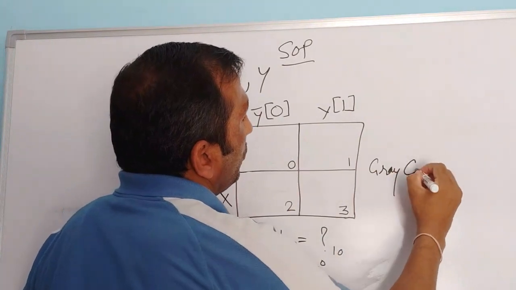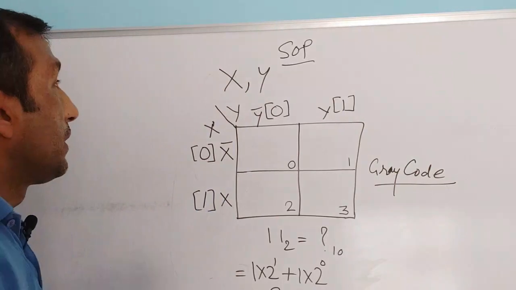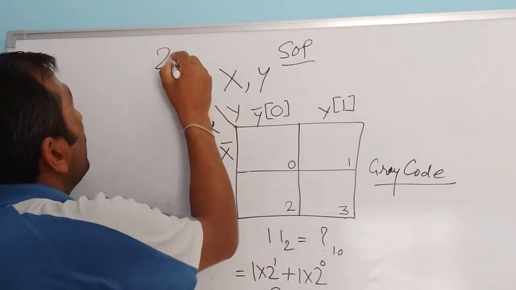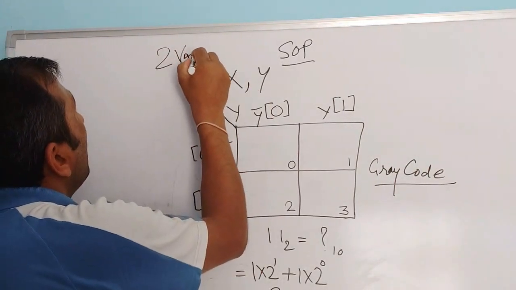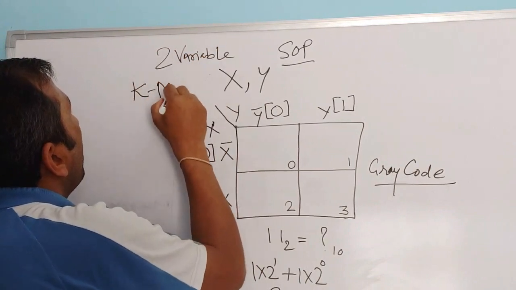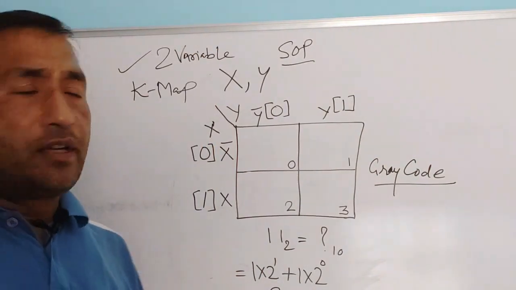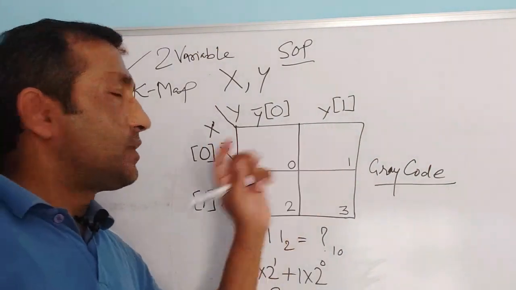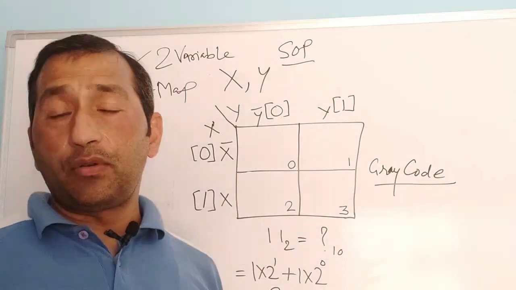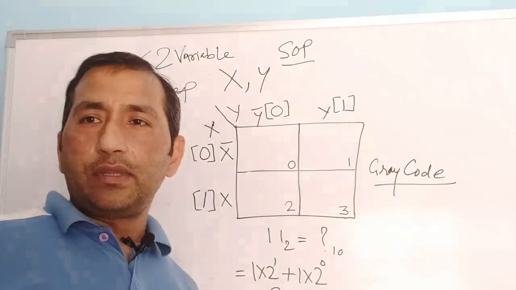These are also called gray code, 0, 1, 2 and 3. And this is the two variable K map. I think now you have understood how to do the numbering of this two variable K map, because that is more important to understand first, and later on we will see how we simplify.